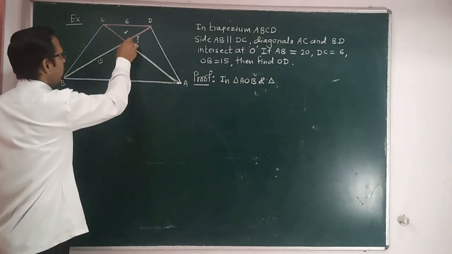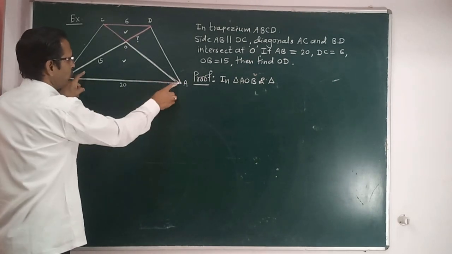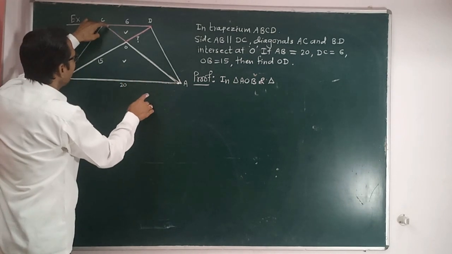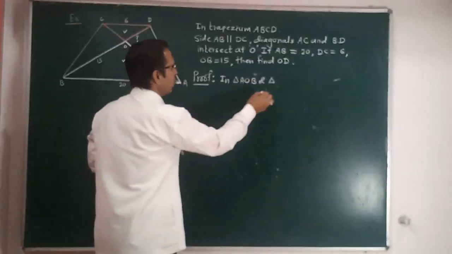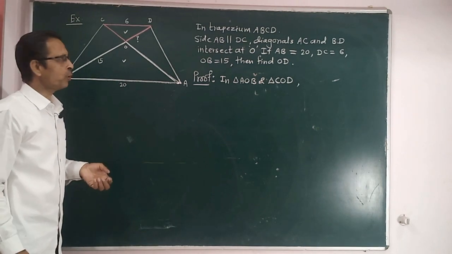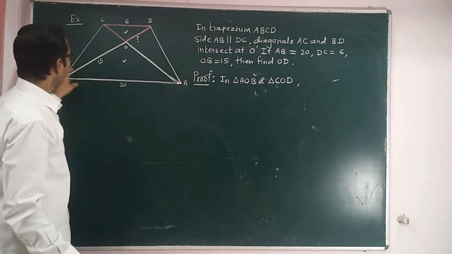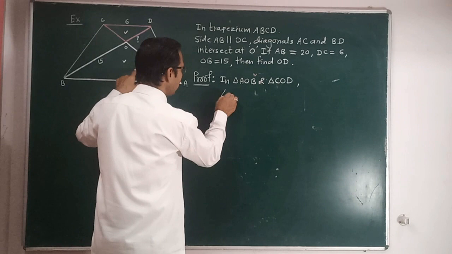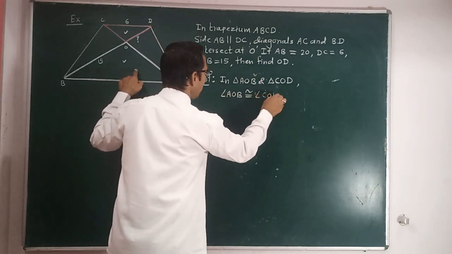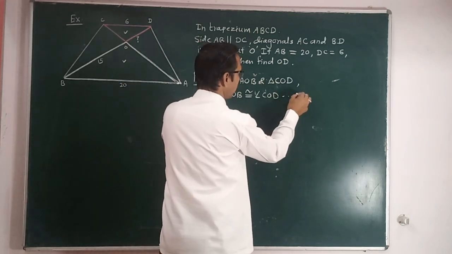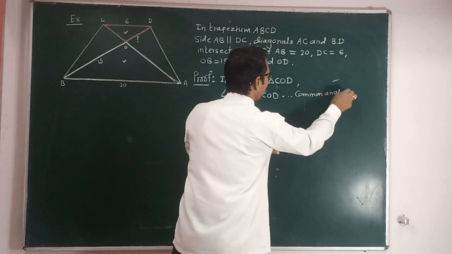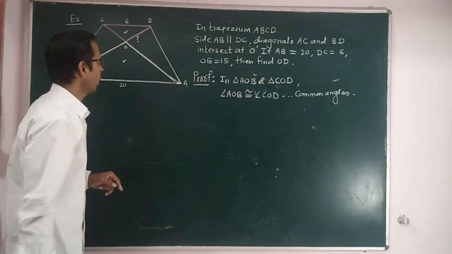First we write AOB, the first vertex is A, then we take COD. In these two triangles, what happens? First, angle AOB is congruent with angle COD because these are common angles, and that's why they are congruent.